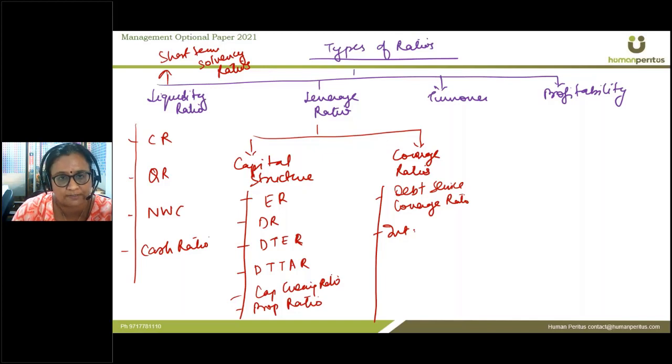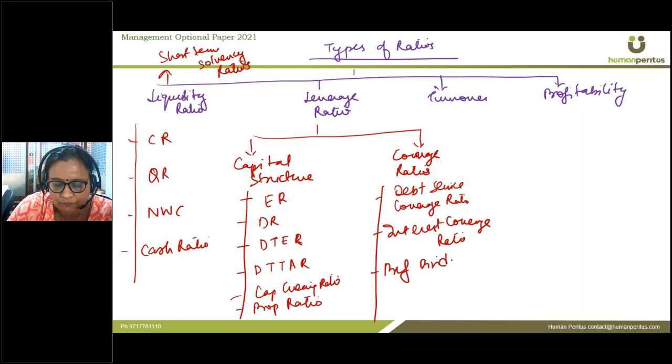What is the main area of concern for them? That is the interest coverage. Okay, so interest coverage ratio is there. And then we have preference dividend. So this is useful for those people who are investing in the company by way of preference shares. Okay, preference dividend coverage ratio.